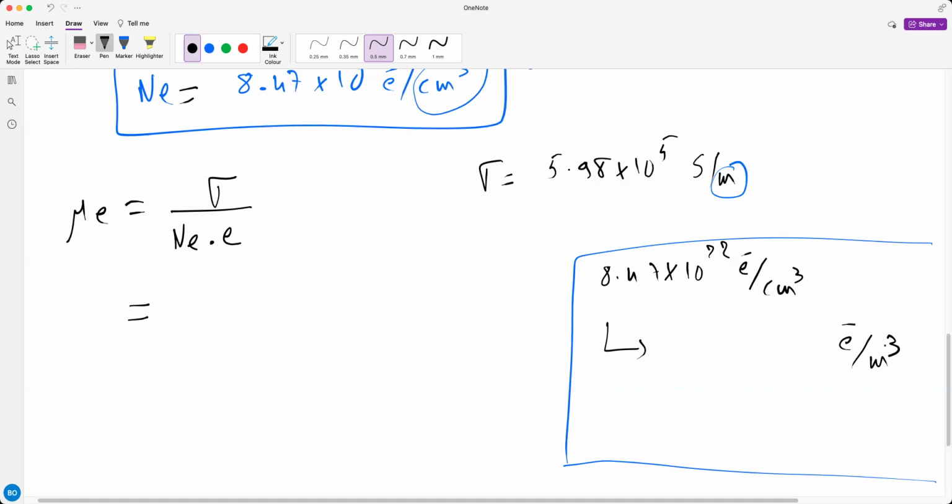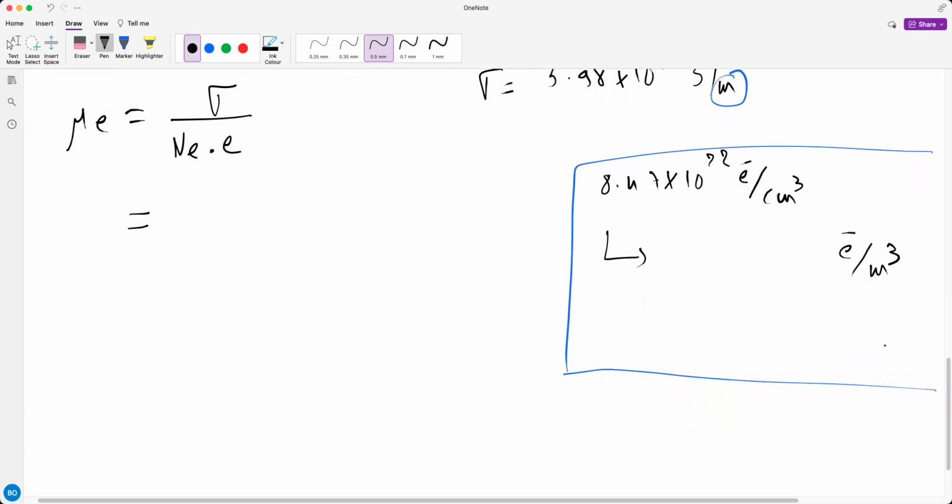Do I divide or multiply? This is a question I sometimes get from students in the exam. Multiply. Did you understand why multiply? Normally from cubic centimeter to cubic meter you divide, but since cubic centimeter is in the denominator, it just goes up.